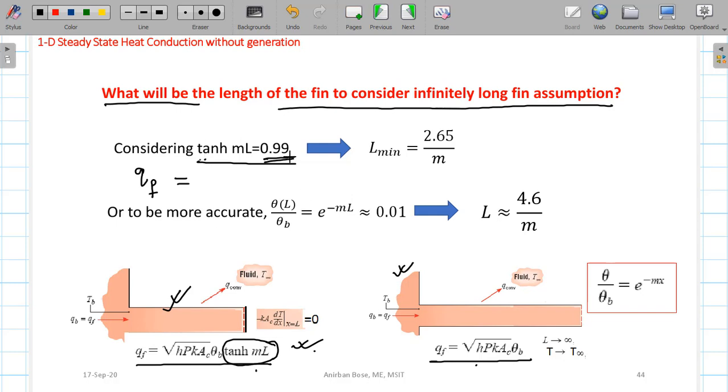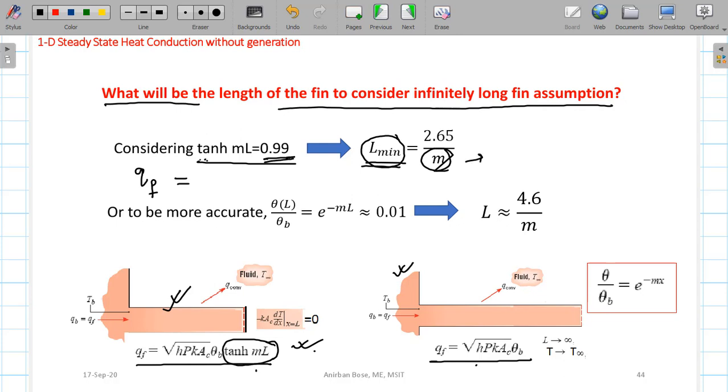That will definitely be a very small error in terms of the rate of heat transfer. Then let us find out what that L is. Corresponding to tanh(mL) equal to 0.99, you get the length of the fin as 2.65 divided by m.